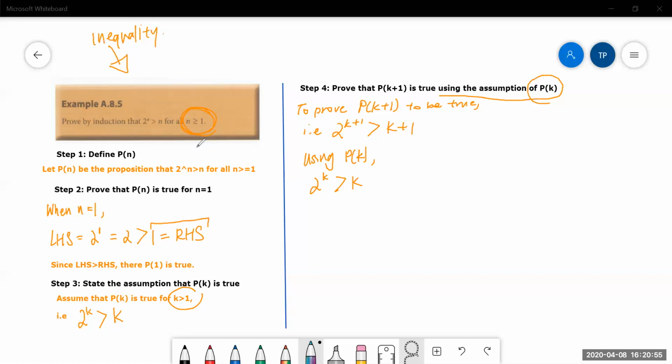Wait, Kenny, but then if you add k plus 1 to both sides, then it should be the same, because the difference is still the same. They're both added by 1, so they are still the same. I still don't understand. You want to write on the Zoom? No, you have to annotate. You have to learn to annotate. I don't know where you're pointing to.